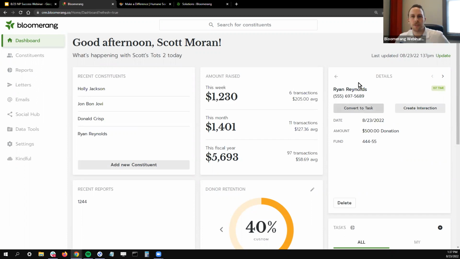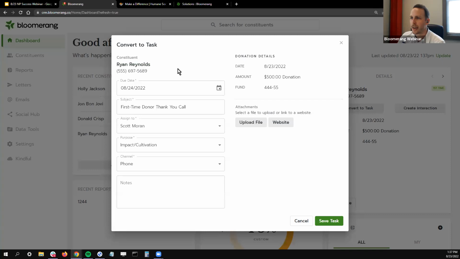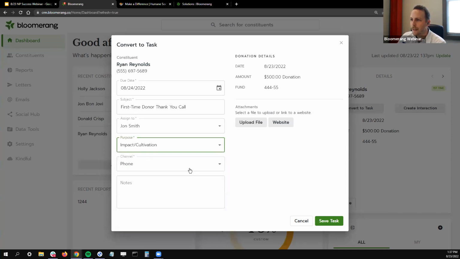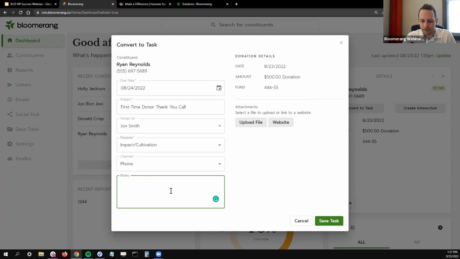I can convert this right to a task. So I can say, all right, let's log this as a task for someone else. So I could assign this to someone else on my team. Maybe instead it'll be impact and cultivation. And I want them to follow up via phone. I can maybe type the notes like, first-time donor, loves chatting on the phone.